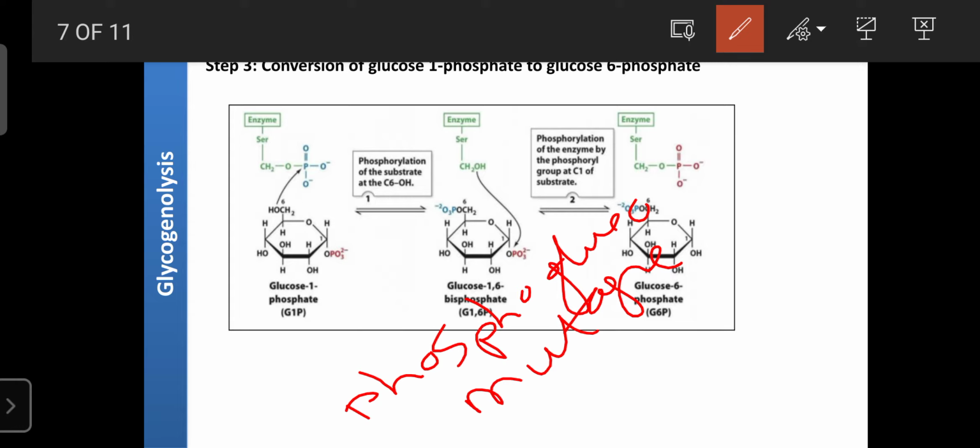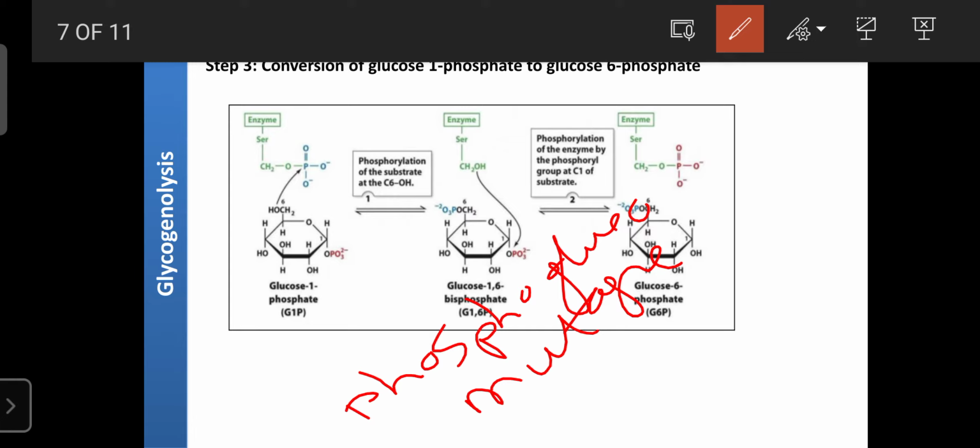It can convert glucose 1 phosphate into glucose 6 phosphate by phosphorylation. First, glucose 1 phosphate, that is G1P, is phosphorylated into glucose 1,6 bisphosphate. Here one phosphate group is added, so that's why.